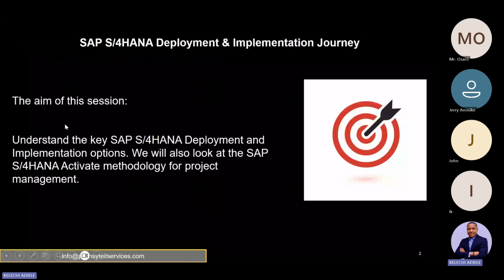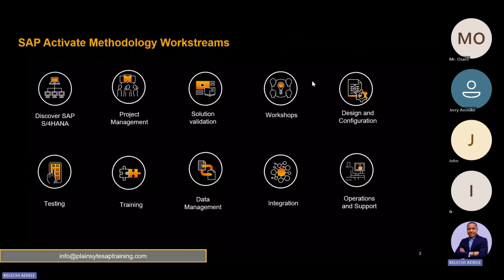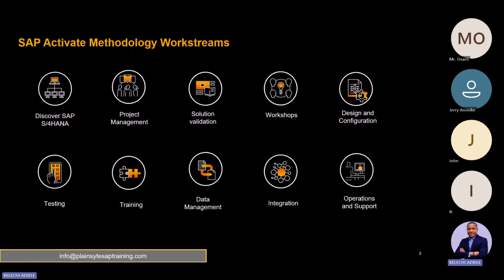For the Activate methodology work streams, these are the key areas we're going to be looking at. If you have been in an SAP S/4HANA project, you will be involved in some of these work streams. The first is the discovery phase, which is the phase we just finished, the pre-project phase. A lot of what happens in the discovery phase is to expose the users or the business to what SAP offers.